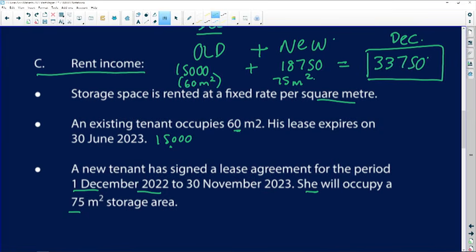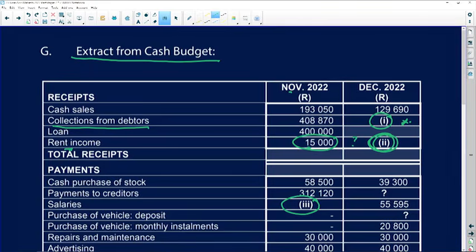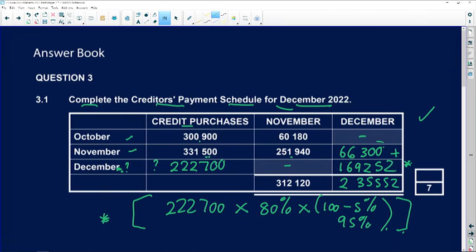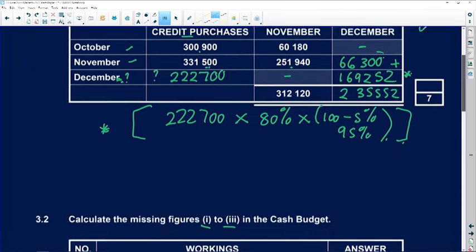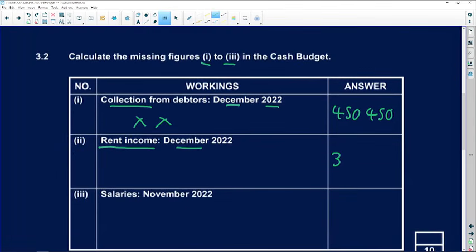Okay, so that needed a bit of reading, but not too difficult to calculate. Right, let's take that through to our answer booklet. 33,750, and once again, guys, you use the space to show your calculation.